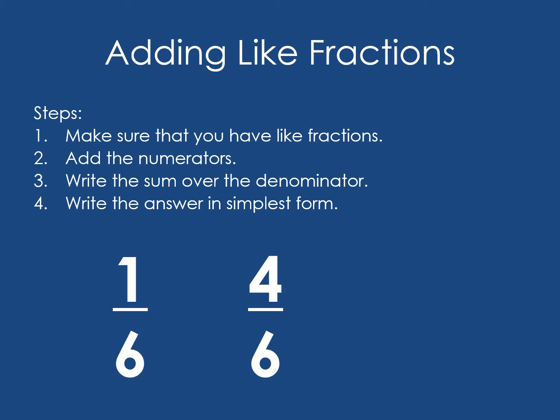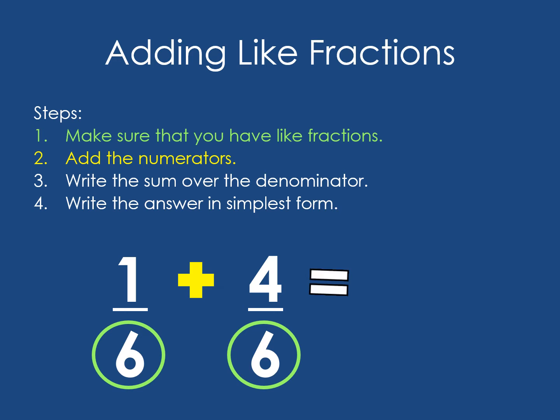For example, make sure you have like fractions. Now, for example, 1/6 and 4/6. The numerators here are 1 and 4. The denominator is 6. They are alike. Okay. So what will you do? Add the numerators.